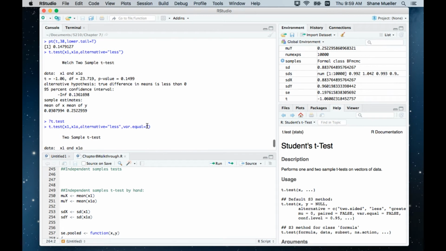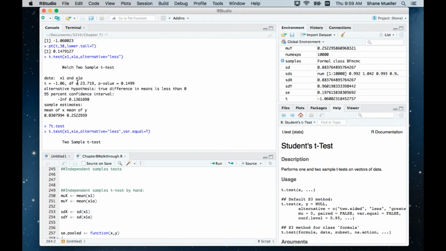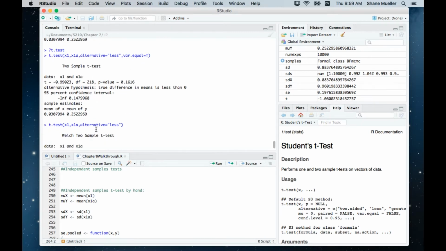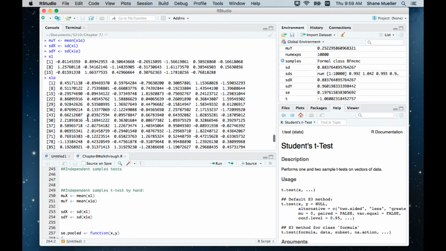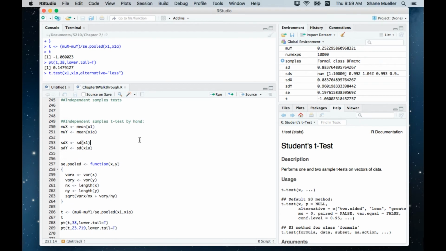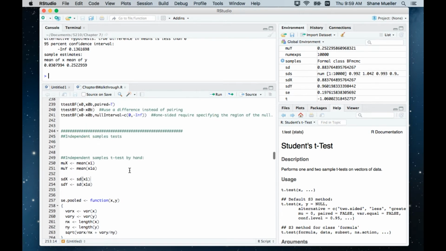So even though I had x1 and x1a, even though my degrees of freedom was 38, actually I don't know why I thought it was 38. Let's look at this.